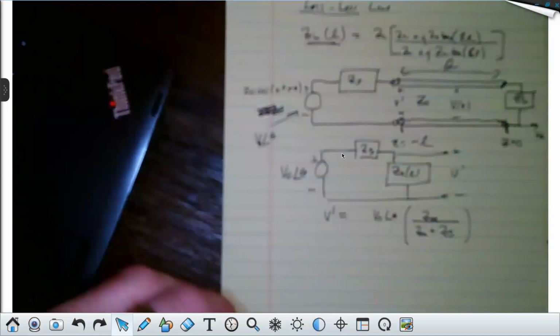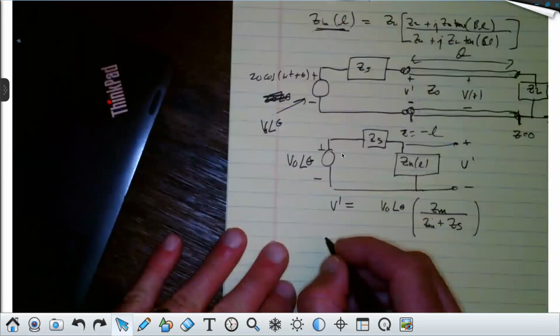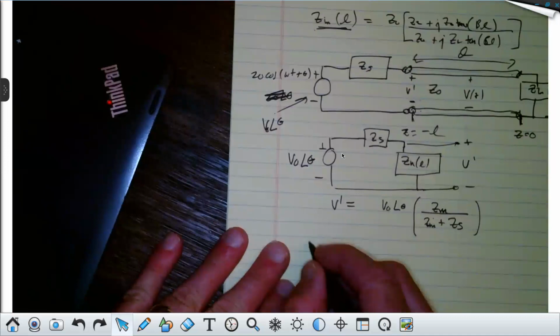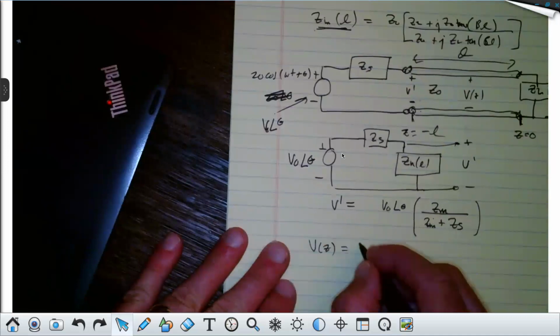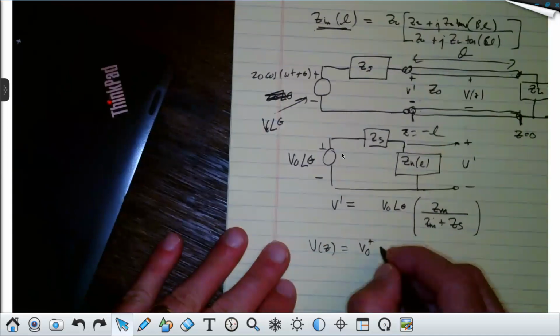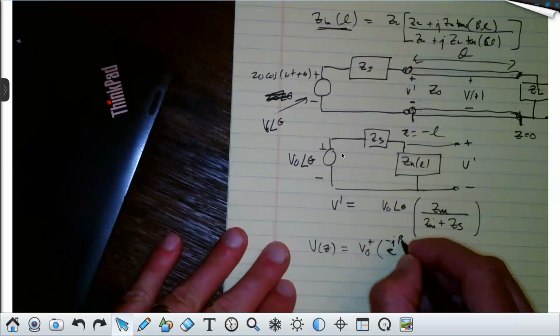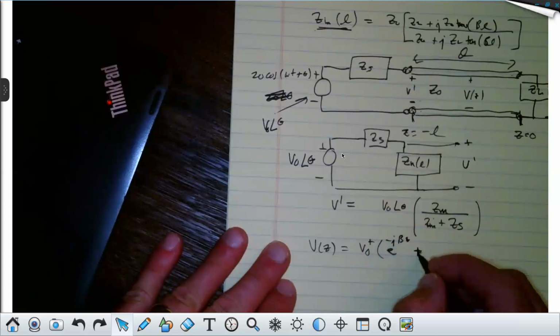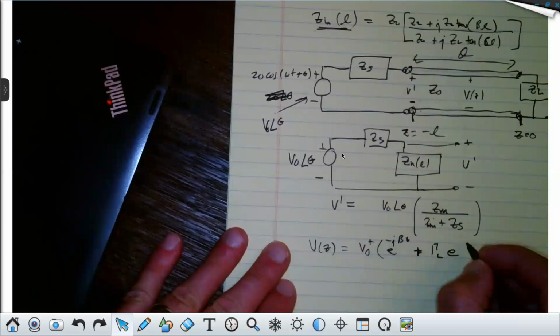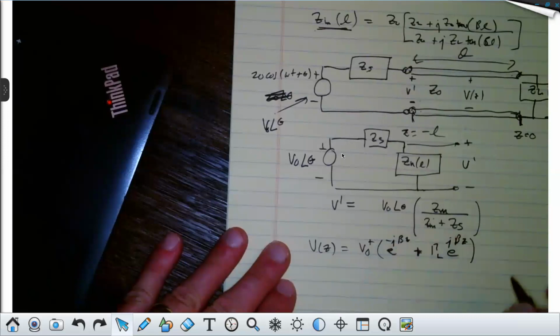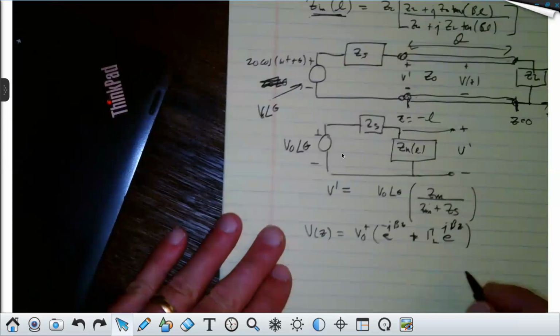That voltage will be equal to some V0 plus, and we're going to do this for the lossless case, e to the minus j beta z, plus the reflection coefficient at the load times e to the j beta z, and the reflection coefficient by definition.